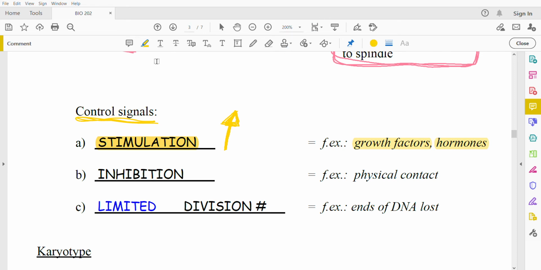Well, what else can we have happening? We can have, for example, inhibition of the cell cycle. So when the cell cycle is inhibited, we are slowing down the progress of the cell division. And let's look at an example of that.